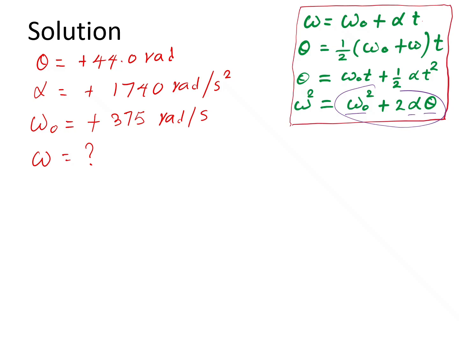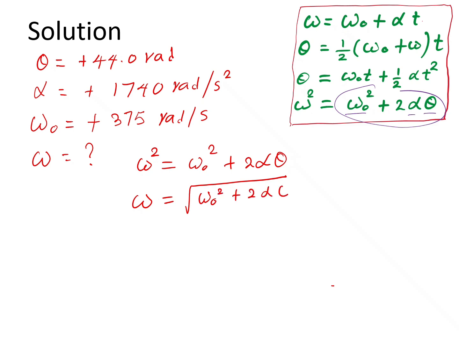So let's use this equation. Final angular velocity squared equals initial angular velocity squared plus 2 times angular acceleration times angular displacement. And we can simplify this equation. So omega equals the square root of omega naught squared plus 2 alpha theta.